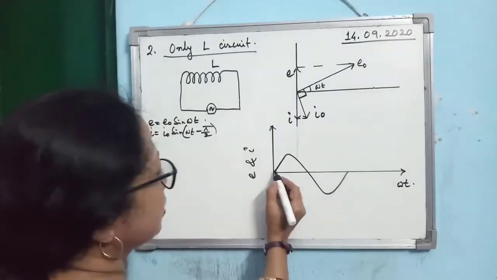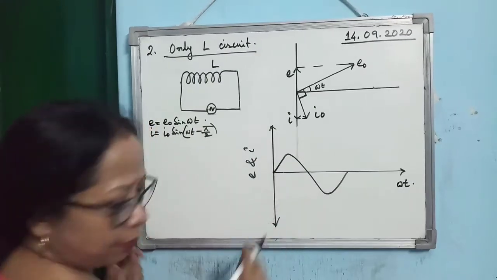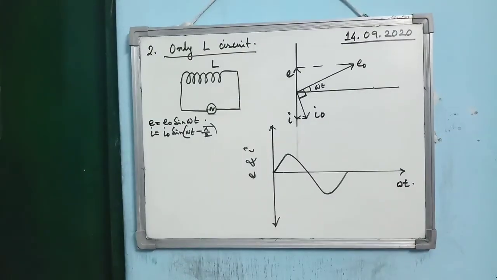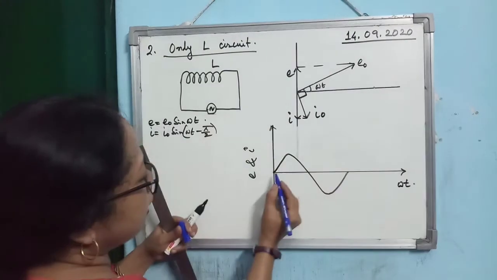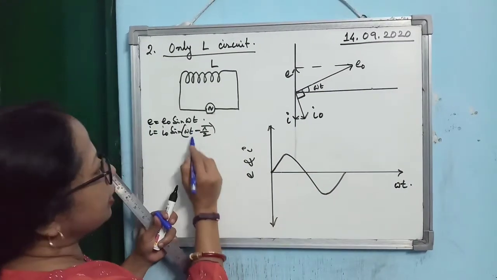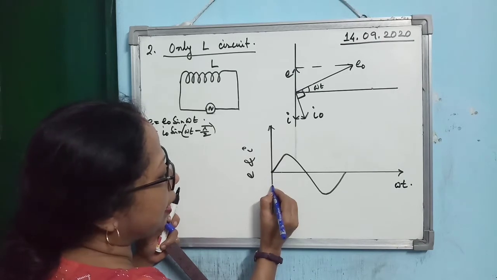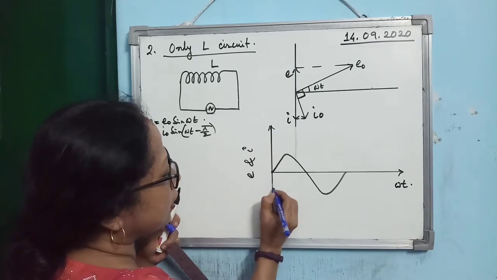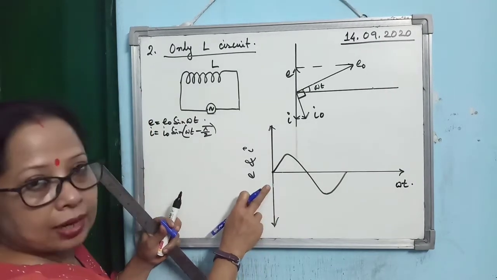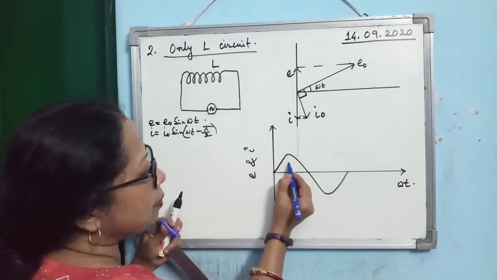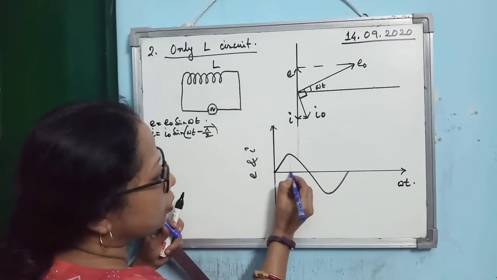Now you see, I am using another colored pen, so it will be easy for you to understand. According to this relation, when E is minimum, I is maximum, but in the opposite direction. So this is the point I have got. Then when E is maximum, I is minimum. So this is the point.